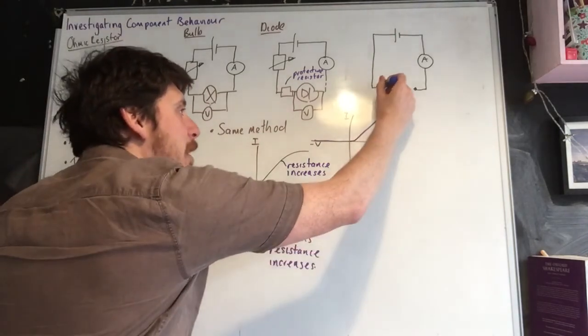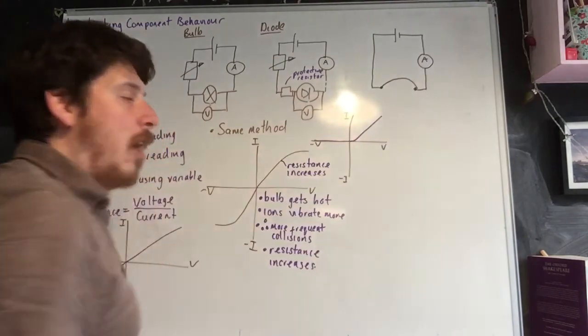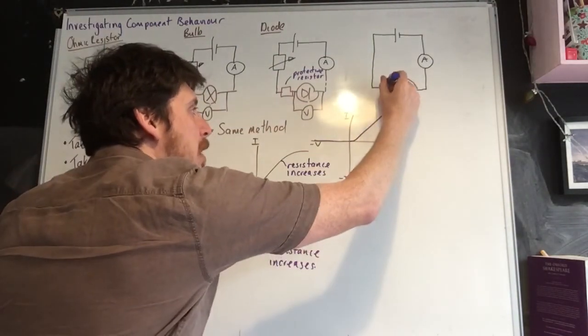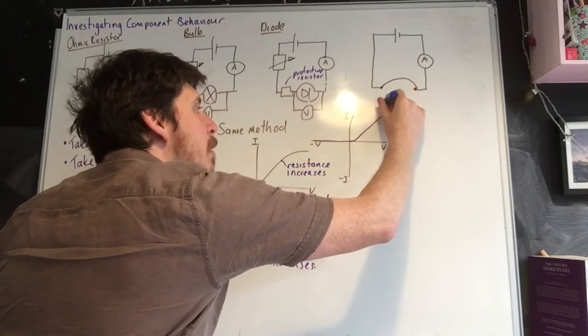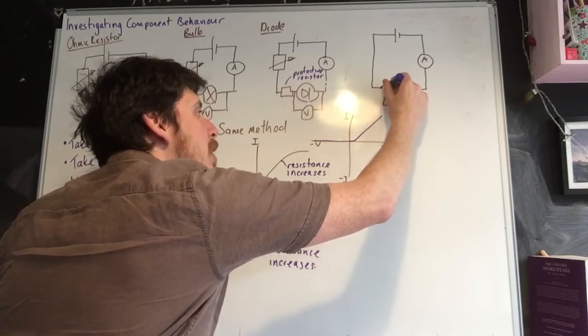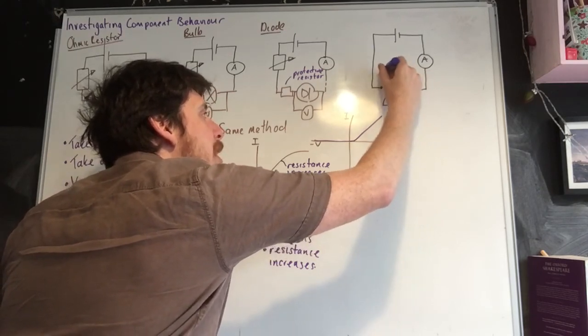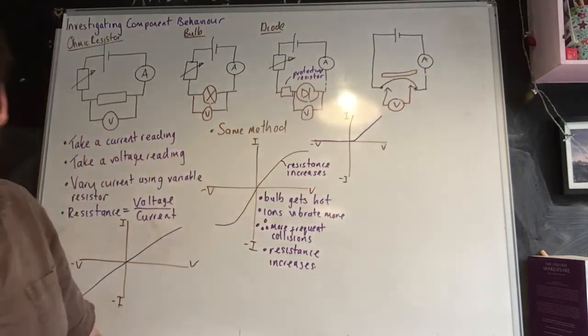Finally, you could be asked to investigate how the length of a wire changes the resistance. Now, what you would need to remember is you would need a voltmeter, but this time you would need crocodile clips, and you would need a ruler, so you could vary the length.